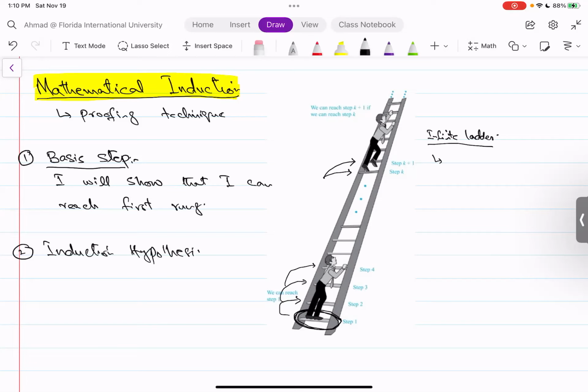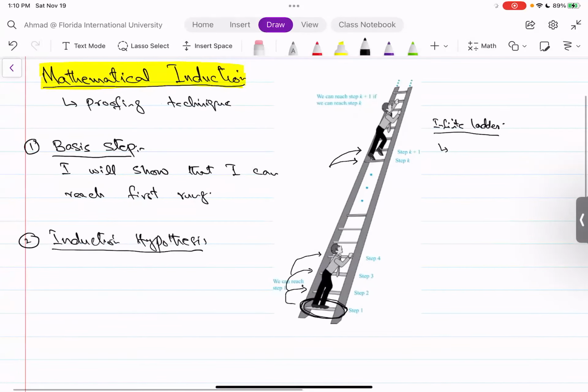The induction hypothesis would be: I have shown that I have reached rung number one, then I can reach any arbitrary kth rung. So in the second step, I will repeat the basis step, right?